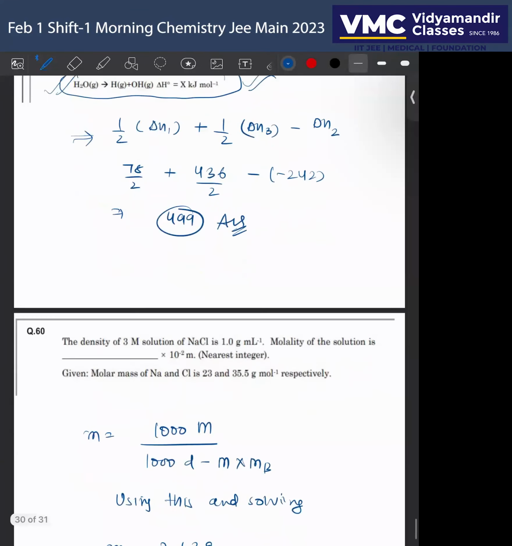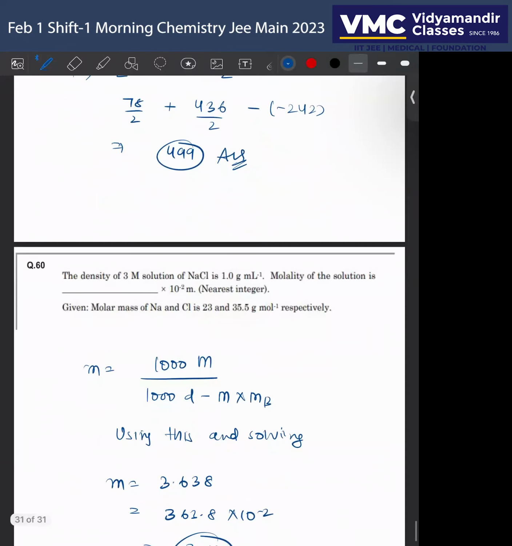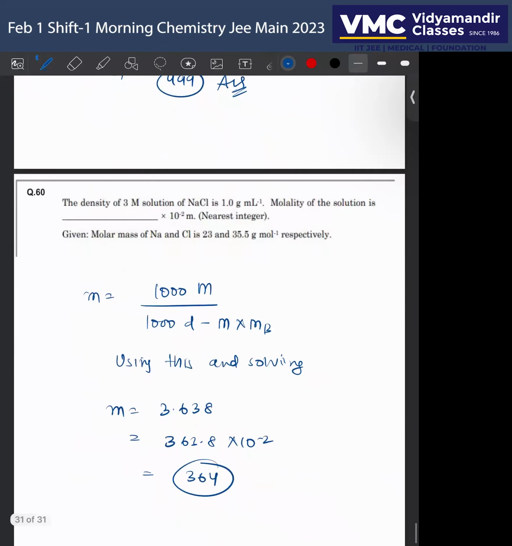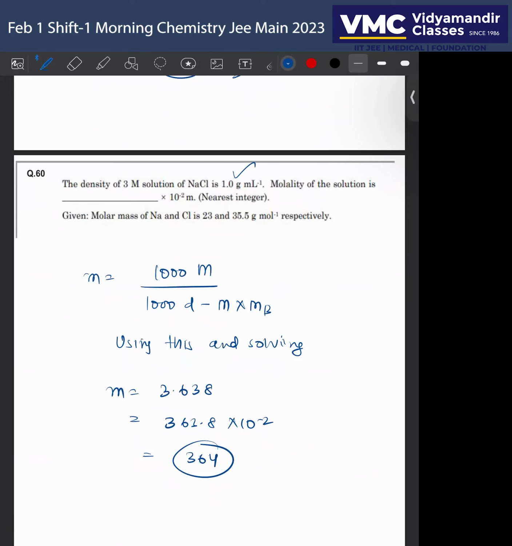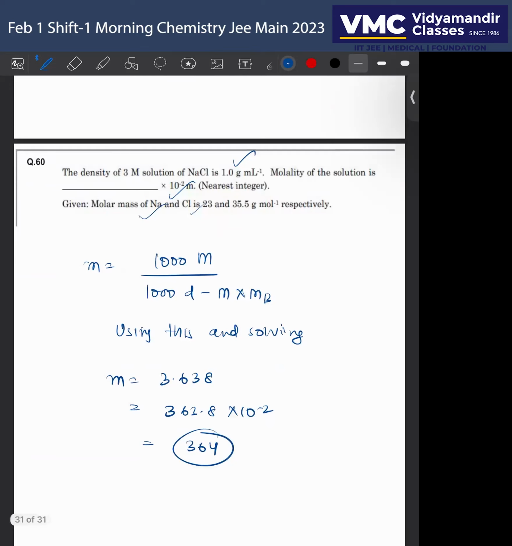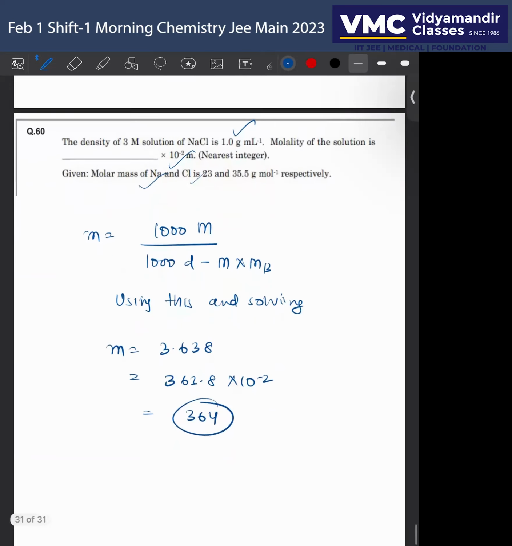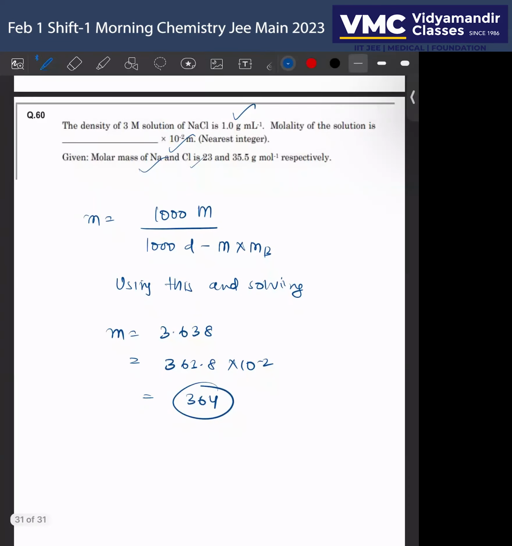Okay. Question number 60: the density of a 3 molar solution of NaCl is 1.2. The molality of the solution is near about 10 to the power minus 2. The molar mass of Na and Cl is given. You have to find the molality. So molality can be given by 1000 m by 1000 d minus m into molar mass.